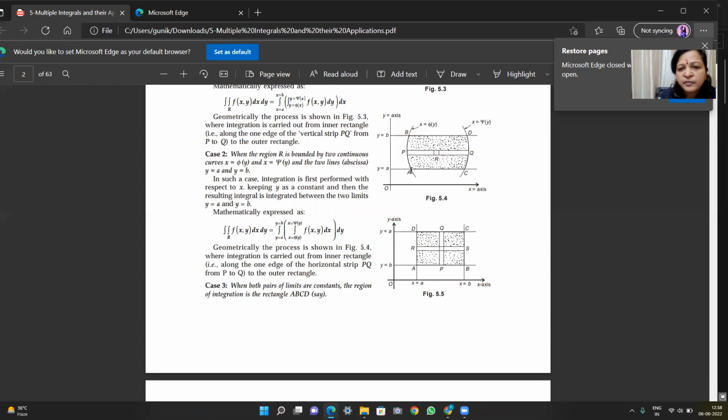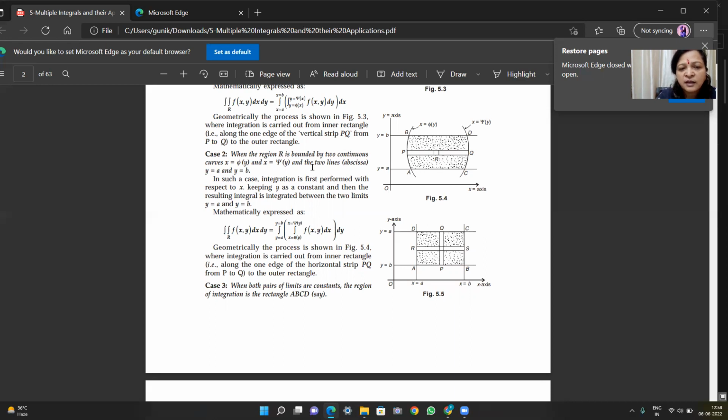So in this case, y varies from y equal to a to y equal to b as a constant limit, and x varies from x equal to phi y to x equal to psi y. So in this case, we consider the elementary strip parallel to the x-axis in this way, and we vary this elementary strip from y equal to a to y equal to b as a horizontal movement.